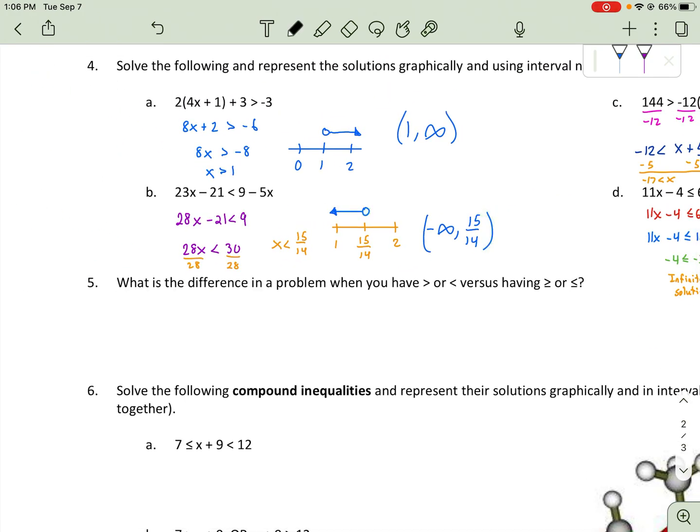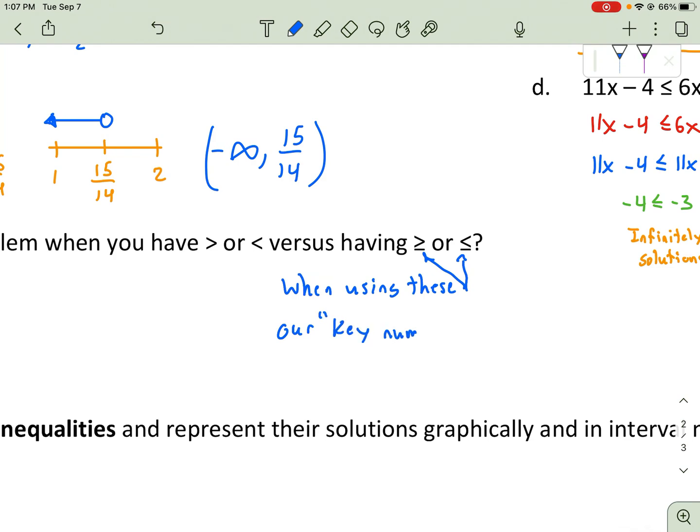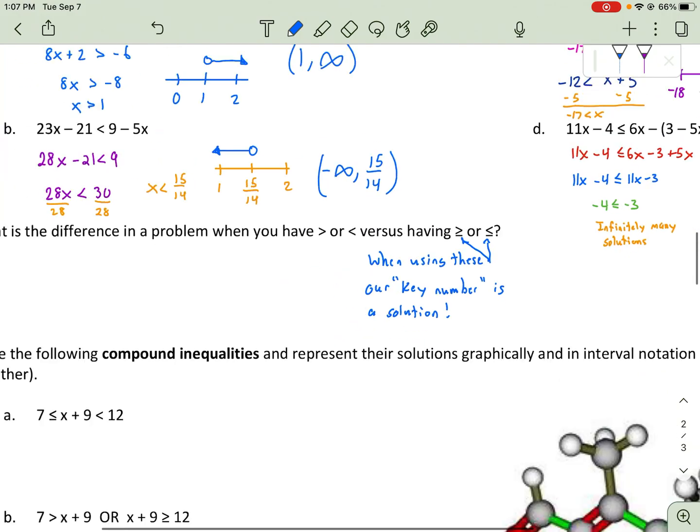So when using these, our key number, as I call it, the number we end up with at the end, is a solution. It's a value that will work.